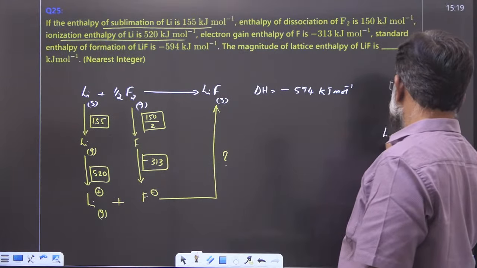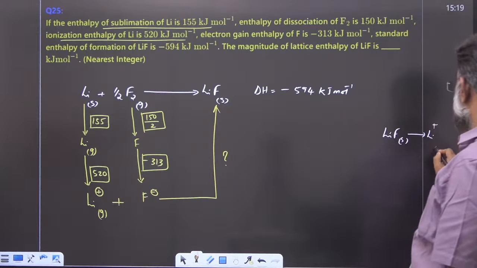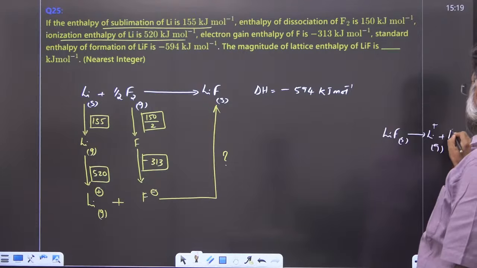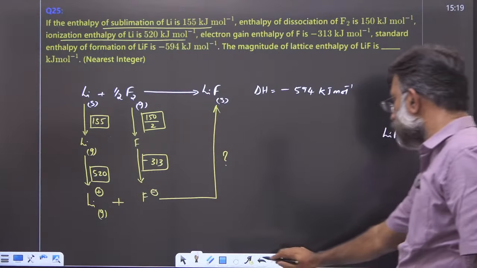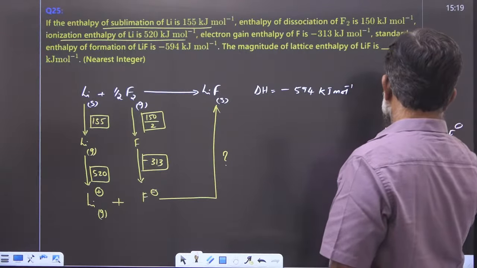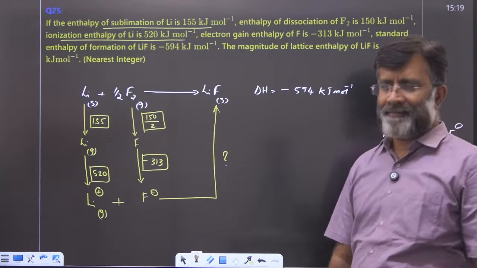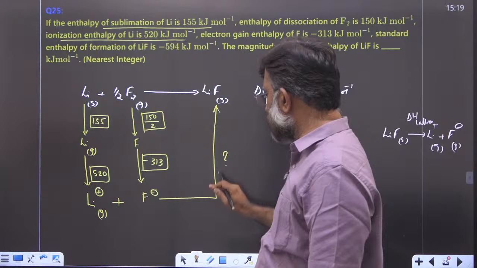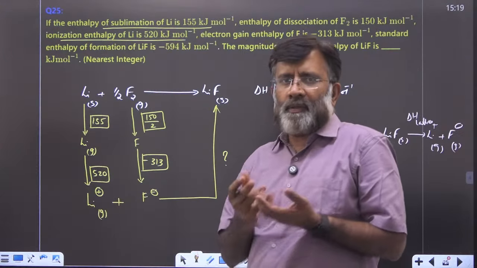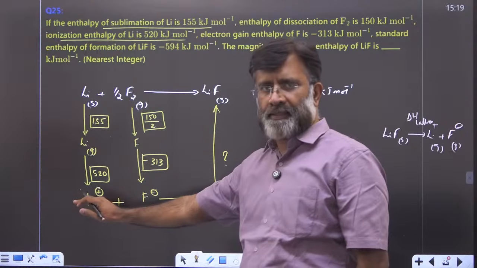This is lattice enthalpy: LiF solid converted to Li plus gas plus F minus gas. This is delta H lattice. This is lattice enthalpy of formation and this is lattice enthalpy of breaking. Both magnitudes are the same. This will be minus and this will be plus.